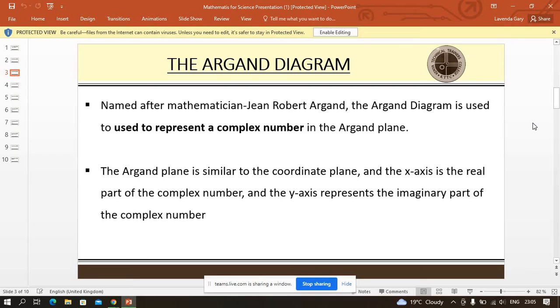Joseph. Thank you. So the Argand diagram is basically similar to the Cartesian plane, but now the x-axis of the Cartesian plane will represent the real number in the complex plane, while the y-axis in the Cartesian plane will represent the imaginary number in the complex plane.